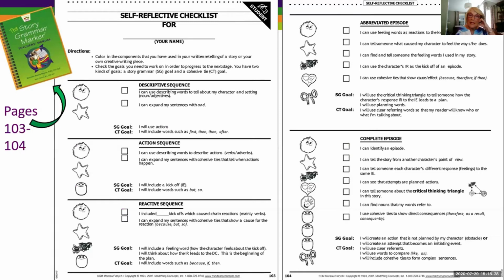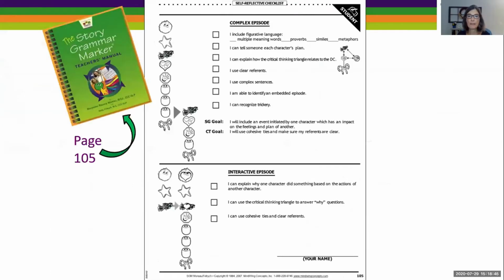But this is a page of the self-reflective checklist from the original Story Grammar Marker Manual, and the I can statements that are there. What I just showed you is an advanced I can statement group of pages. But again, this is another way of making their learning visible to them and their thinking visible. All of this is visual, making it outside their head.